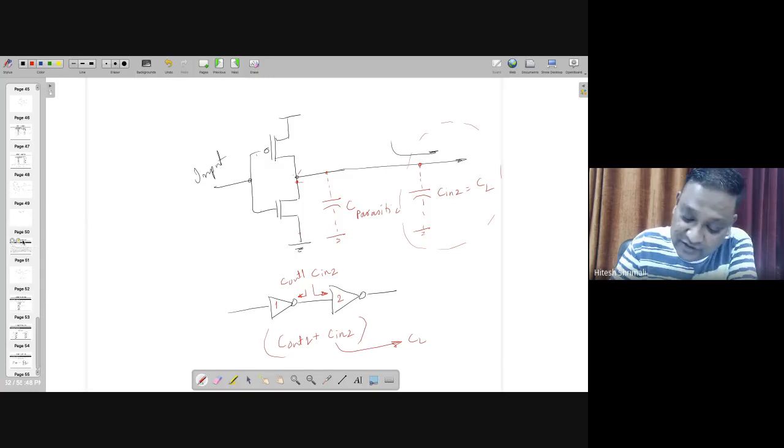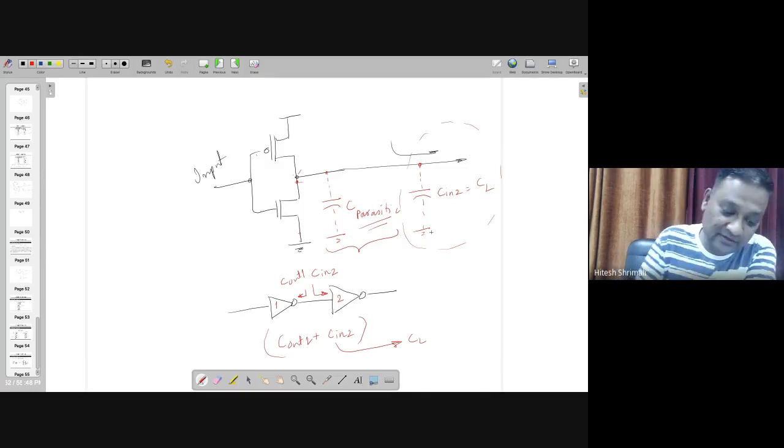So we have to make sure that whatever parasitic capacitance is created, it's much lower than the load capacitance. If not, then this C parasitic is going to dominate, and maybe the load capacitance will not work.